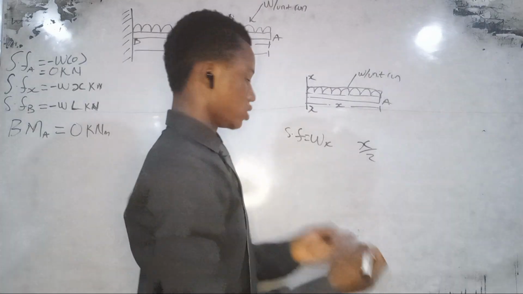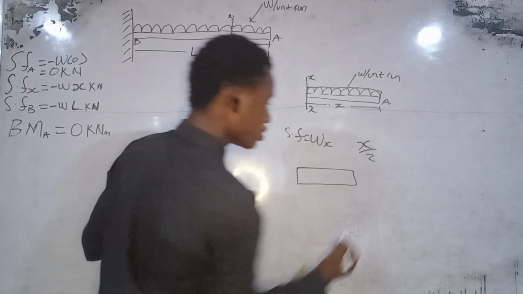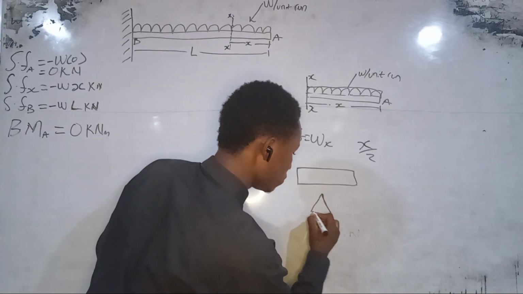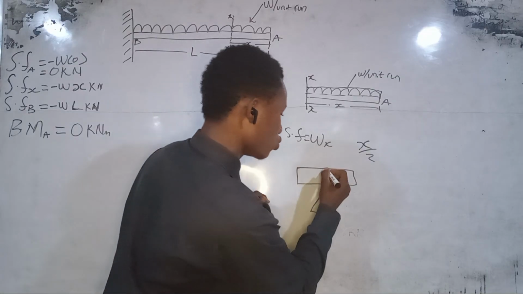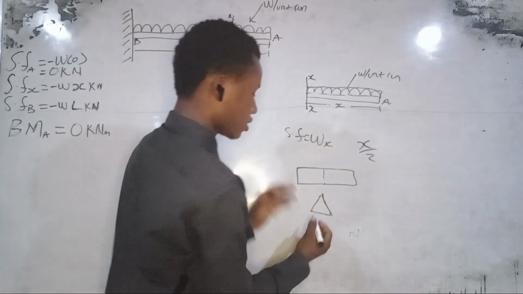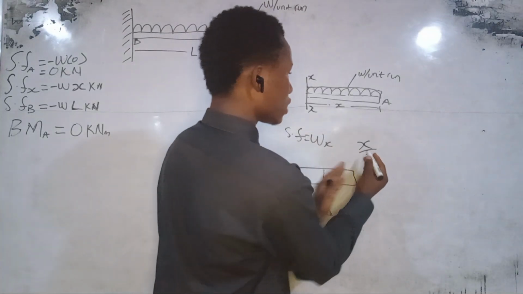That is where the centroid is. The place where we can balance a pivot would be the center, the middle, which is half of the entire distance. So the centroid is at x over 2.